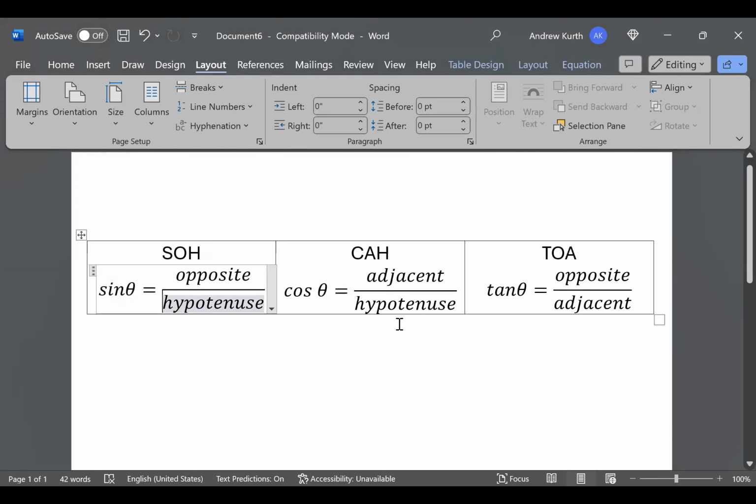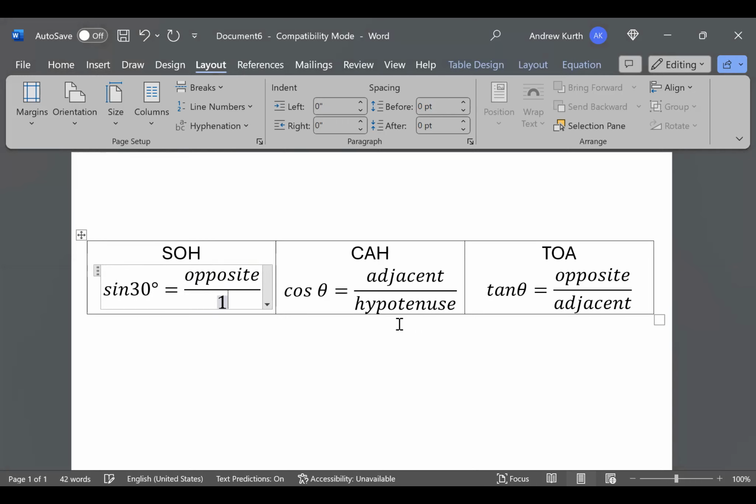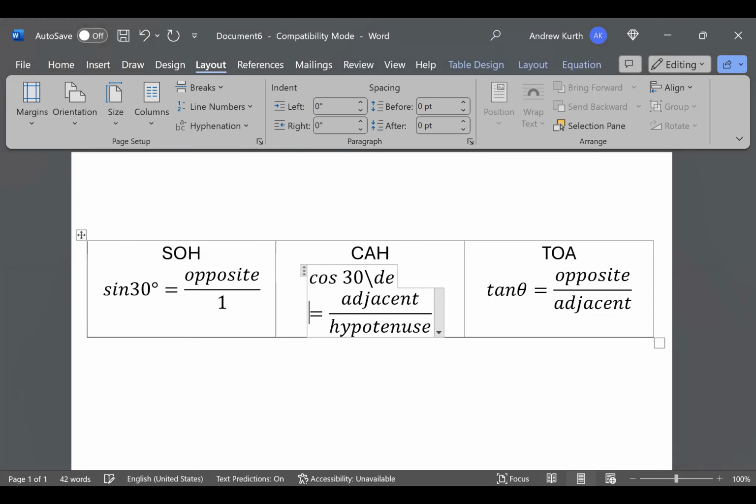So what is the sine of, instead of theta, now we want the sine of 30 degrees. And so that equals opposite over hypotenuse. Well, our hypotenuse is the radius of the circle. So we know how long that is. That's 1. And then our angle is 30 degrees. So now we're finding the cosine of 30 degrees.